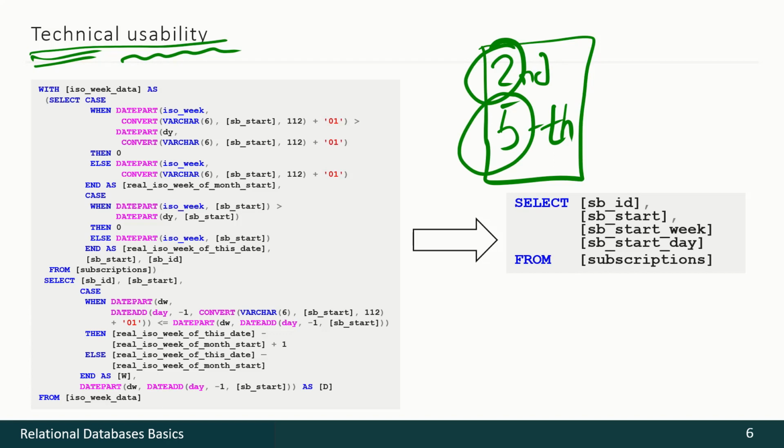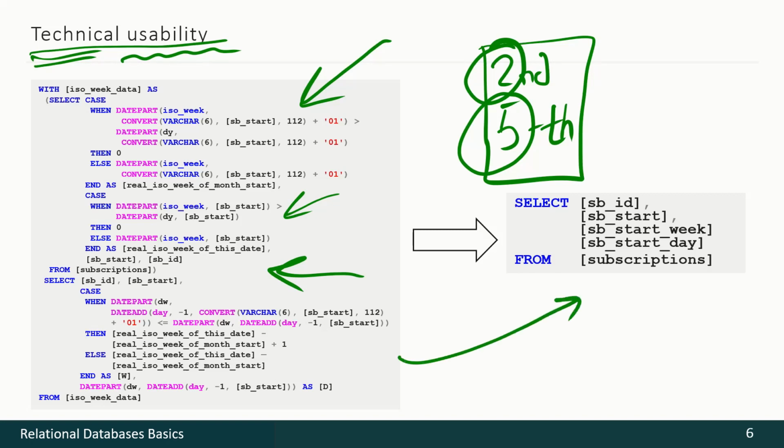If we only store the date but not that information, we have to perform such SQL query. For instance, you may pause the video, look through this query and find out, is it easy for you to understand that query, to write that query from scratch, and you may speculate on, is it difficult or easy to make some mistakes here? From my point of view, this query is difficult and the probability of making a mistake is high.